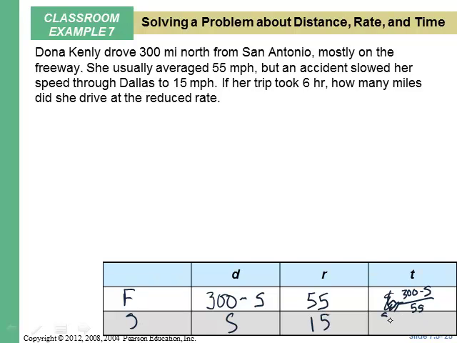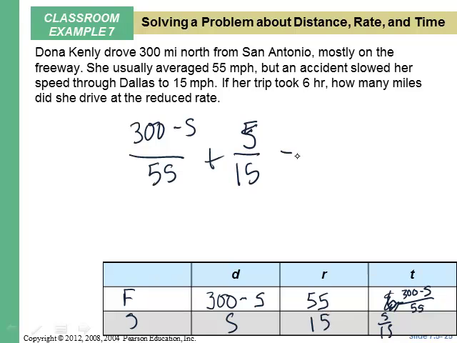This is S over 15. Time is distance divided by rate. So 300 minus S over 55 plus S over 15 is 6 hours. The times add up to 6 hours.